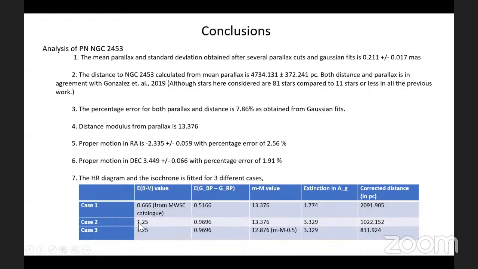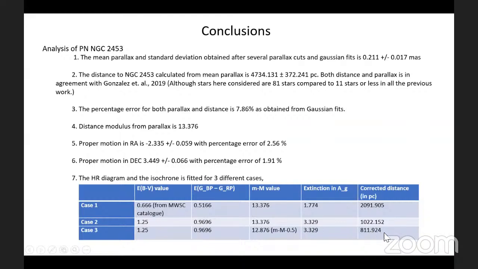But if we do trial and error with 1.25, we get a much smaller corrected distance.